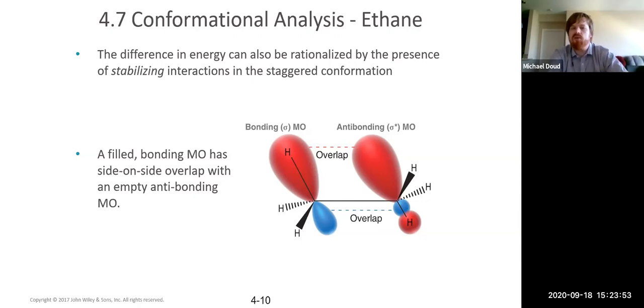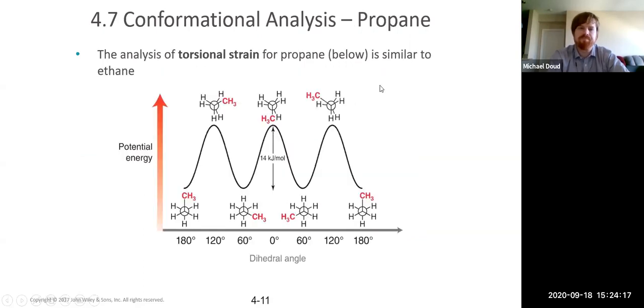That's kind of theoretical, so don't worry about that one too much, but it is theoretically true that when we run calculations on molecular orbitals, you can get some overlap between a bonding sigma molecular orbital and a neighboring antibonding sigma star molecular orbital. And that leads to a little bit of extra stability.